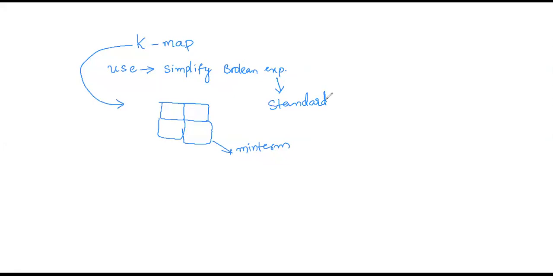To apply the K-map to the given Boolean expression, you need to convert it into standard SOP or standard POS form.